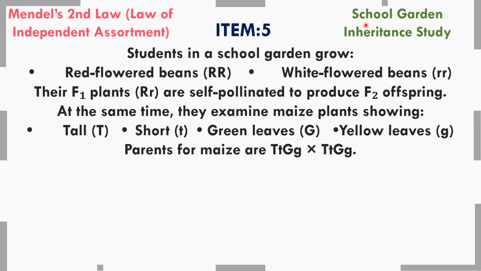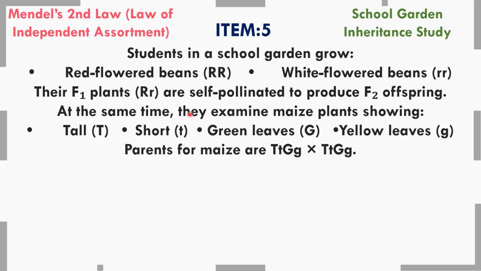We shall now look at a school garden inheritance study. Item 5. Students in a school garden grow red flowered beans, capital R, capital R, and white flowered beans, small r, small r. Their F1 plants, capital R small r, are self-pollinated to produce F2 offspring.